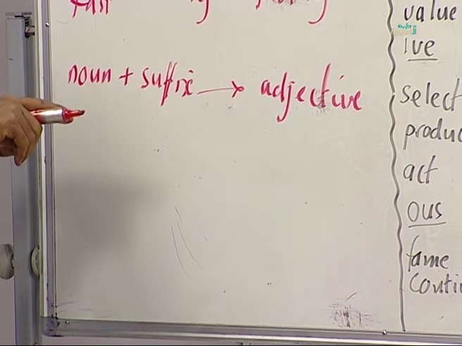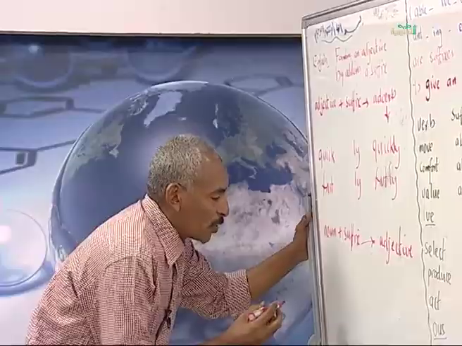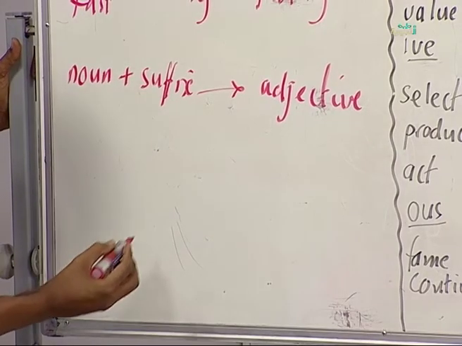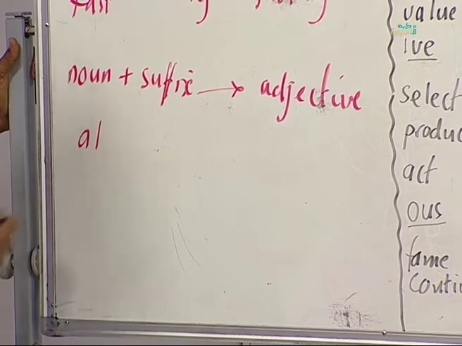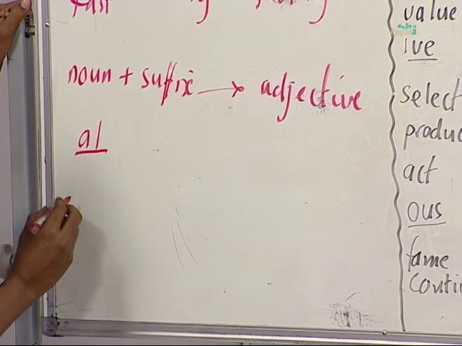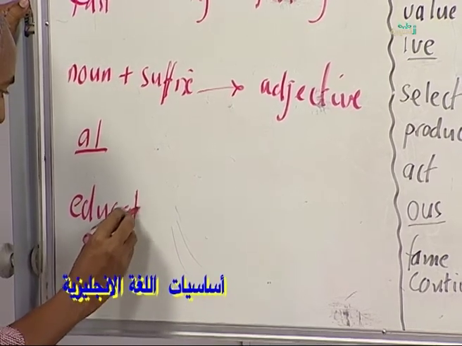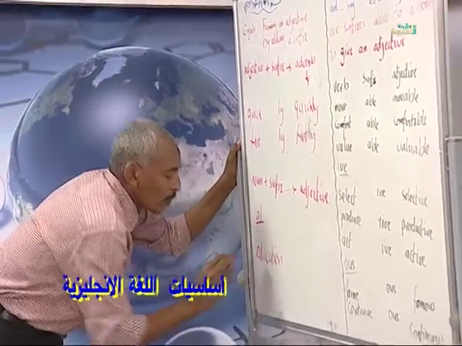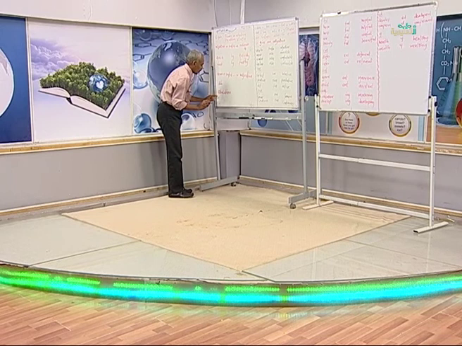When we are going to add two nouns together, we have to use the suffix al. For example, I have education, and I want to add it.